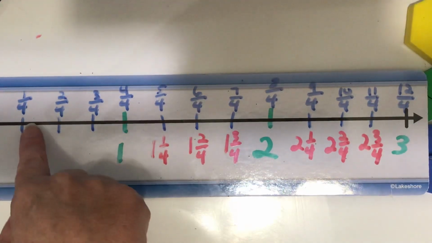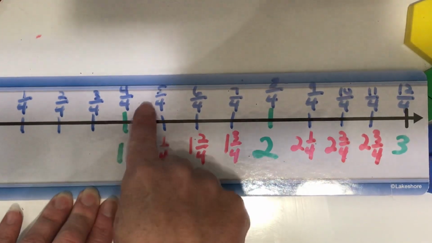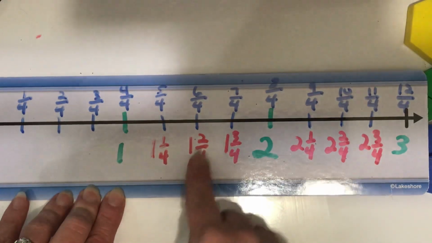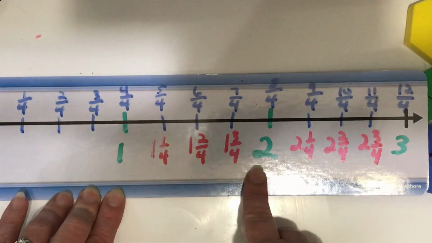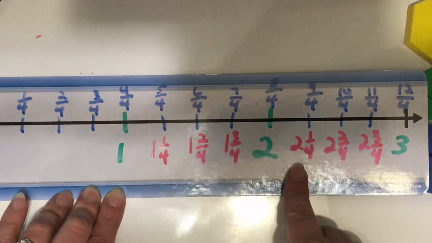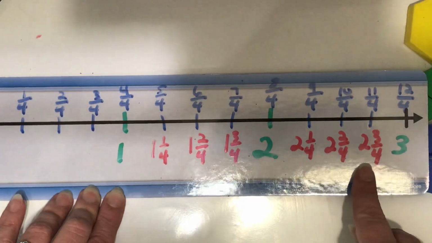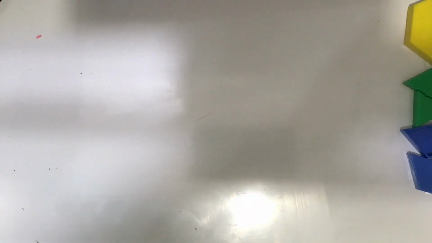So I'm counting by fourths, 1/4, 2/4, 3/4, 4/4 are 1, 5/4, which is 1 1/4, 6/4, 1 2/4, 7/4, 1 3/4, 8/4 is 2, 9/4 is 2 1/4, 10/4 is 2 2/4, 11/4 is 2 3/4, and 12/4 is 3.